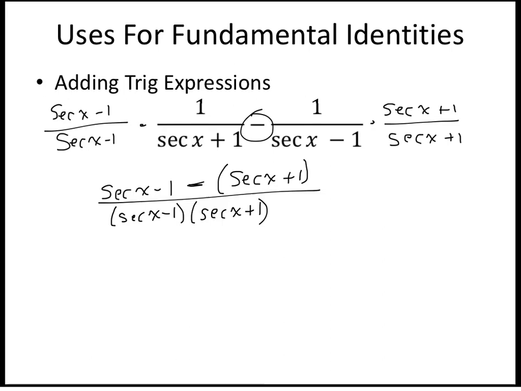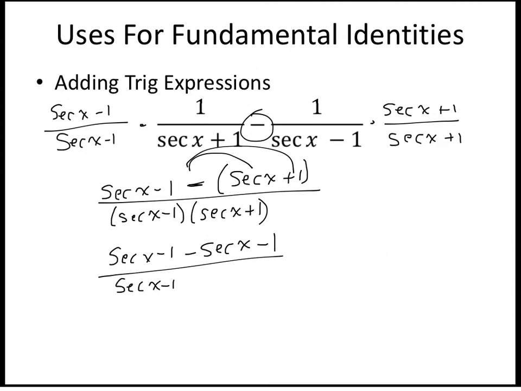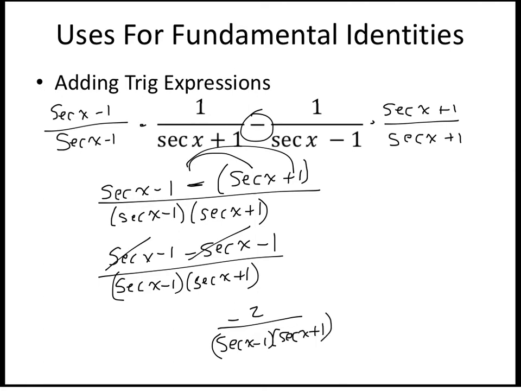Now I need to distribute that negative, and that gives me secant of x minus 1 minus secant of x minus 1, all over secant of x minus 1 times secant of x plus 1. Well, now my secants cancel on top, and I'm left with a negative 2 over secant of x minus 1 times secant of x plus 1.